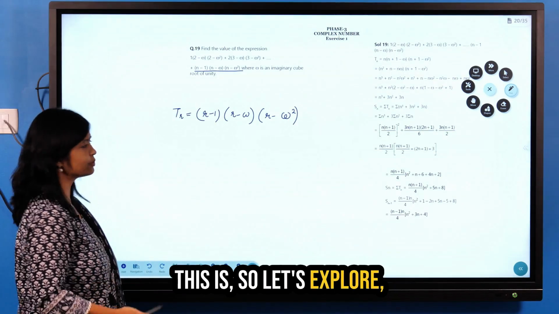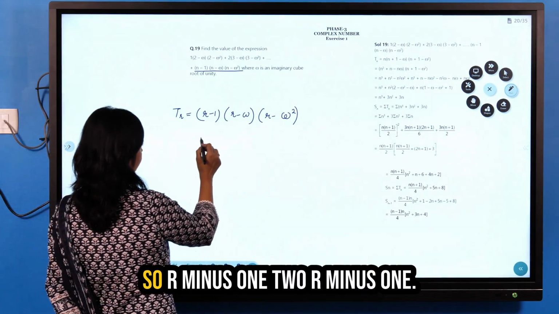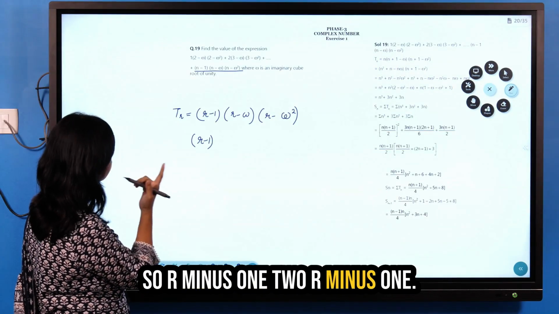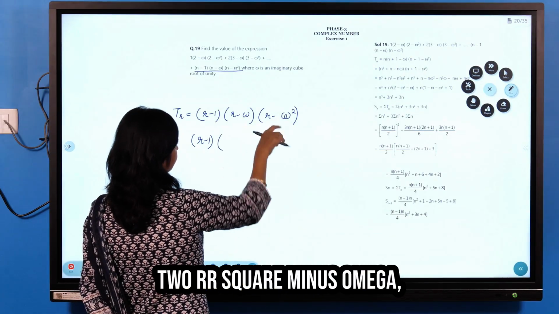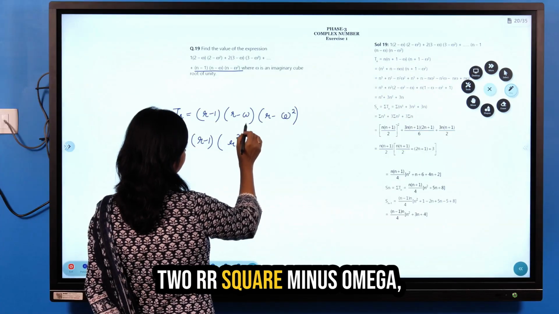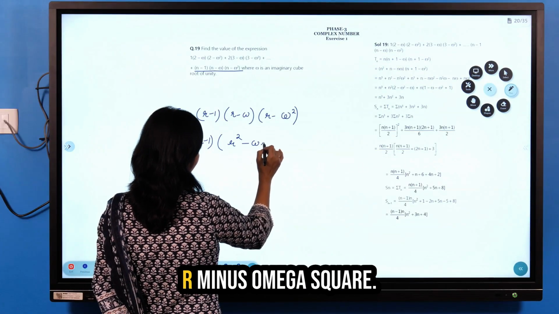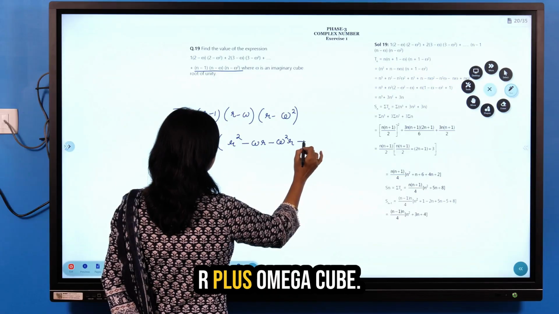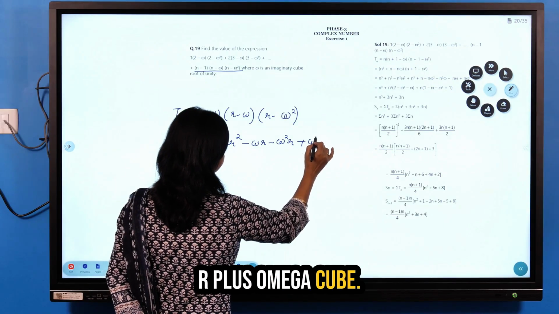Let's explore what it actually is. So (r minus 1) into (r square minus omega r minus omega square r plus omega cube).